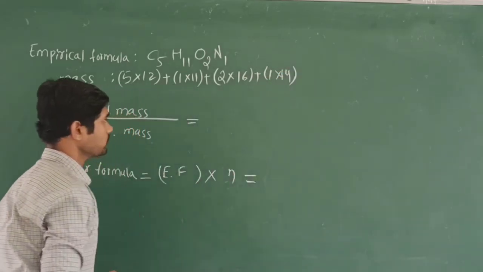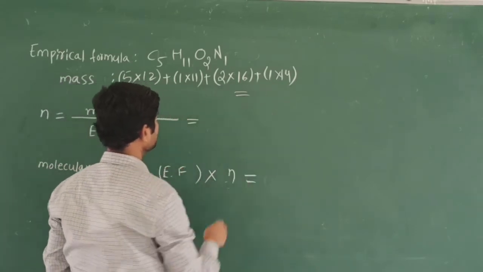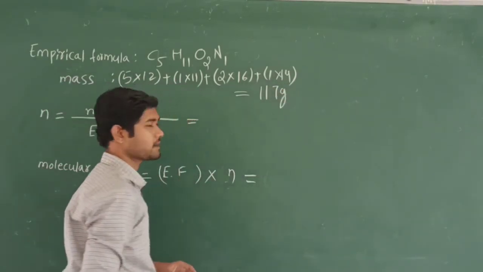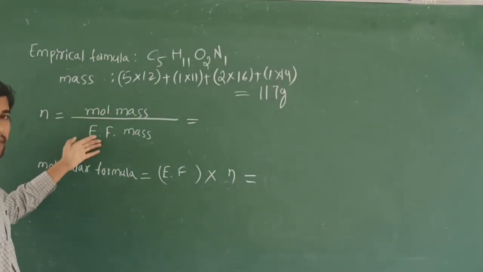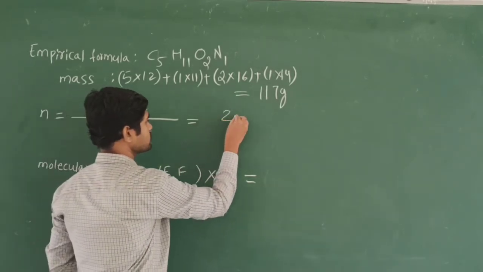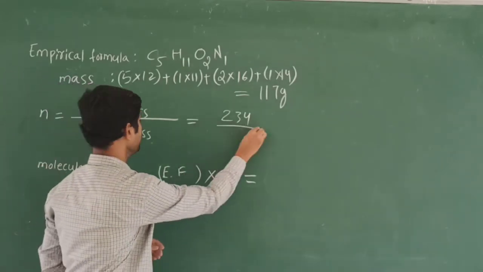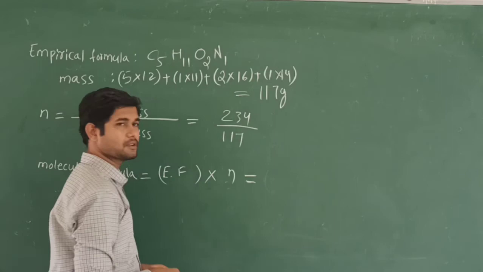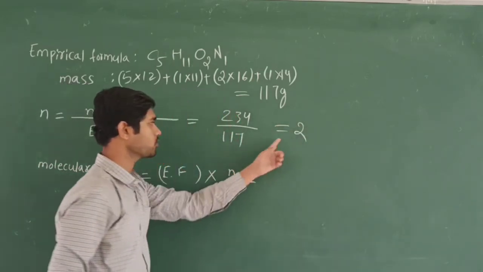After multiplying, the answer is 117 gram. n is equal to molecular mass divided by empirical formula mass. The molecular mass is given as 234 gram per mole, divided by 117 gram, so n is equal to 2.